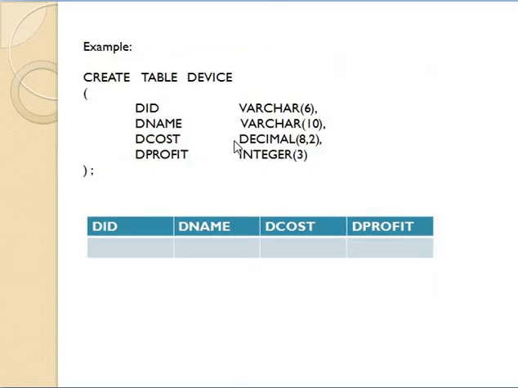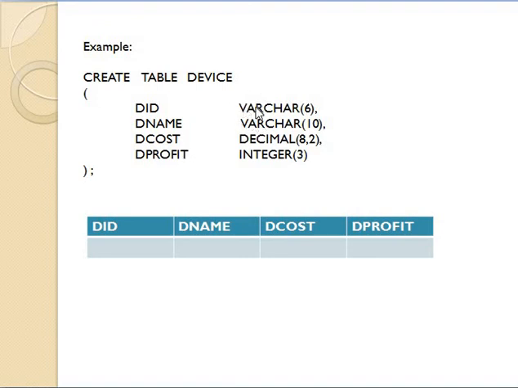So keep in mind that for any data type that is numeric in nature, its values should not be enclosed within quotations. But for the data types which are non-numeric in nature, their values should be enclosed within quotations. Now in this case, for the table device, as the data types decimal and integer are numeric in nature, the values for their columns should not be enclosed within quotations.